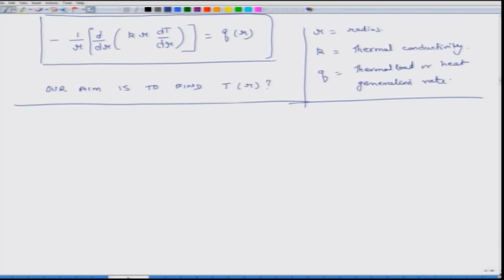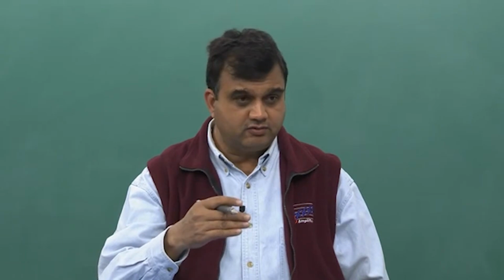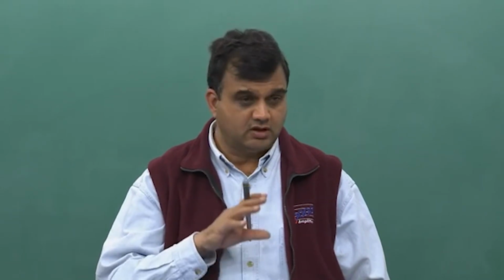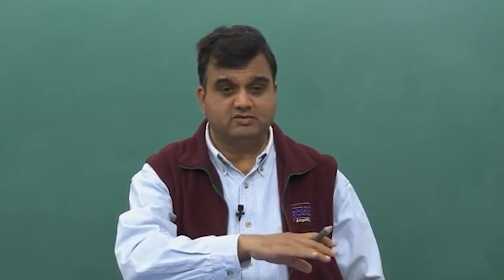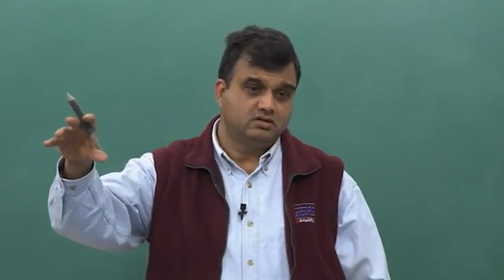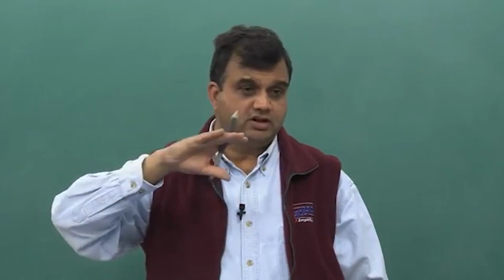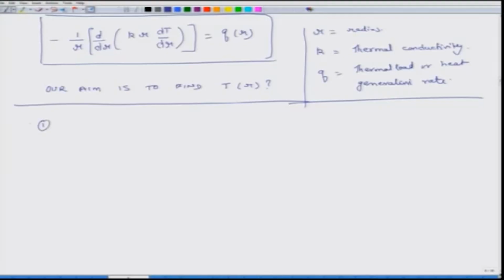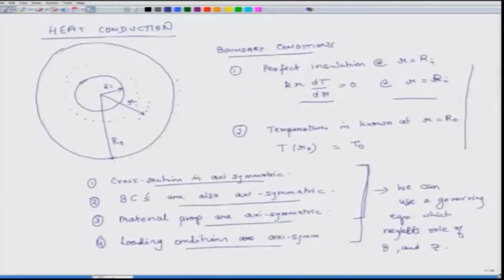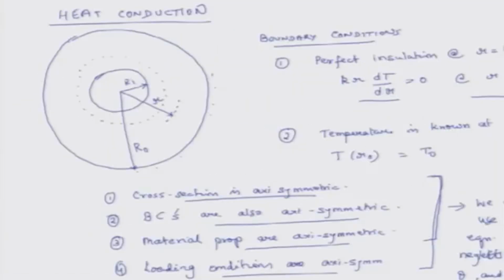So, now what I will do is I will just conduct first few 3-4 steps, not in detail, but at a slightly more detailed level compared to the example which we saw earlier, where we were trying to calculate the area under a curve. So, the first step we do is, so what is it that we are trying to do? We are trying to calculate how is temperature, see here r is equal to Ri and here r is equal to Ro.